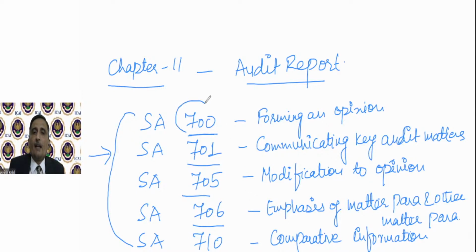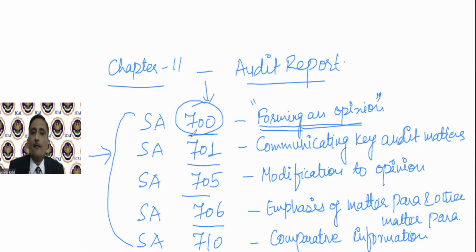So 700 relates to forming an opinion: how the auditor forms an opinion, what the considerations are, and what the contents of an audit report are. All these things we will be studying by learning the various requirements of this standard.